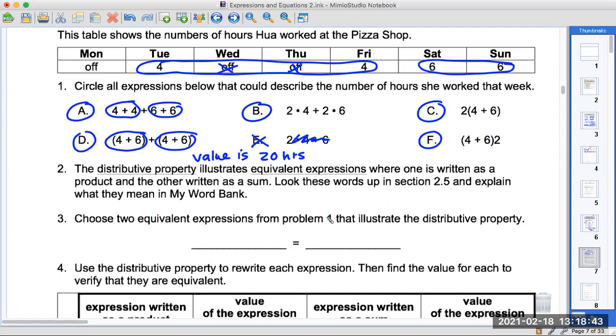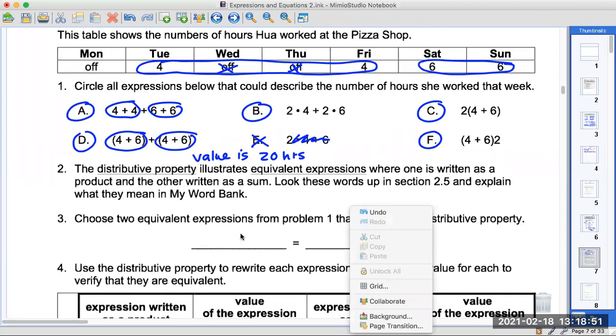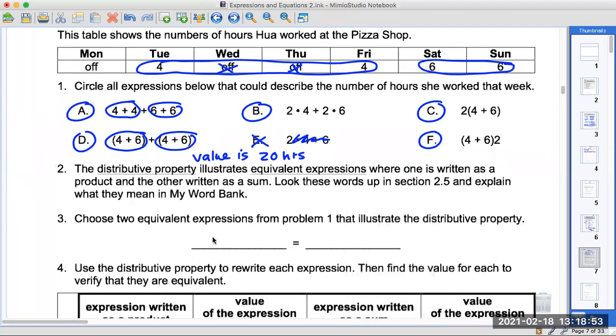Choose two equivalent expressions to illustrate distributive property. Okay, let me see what we got. So I chose 2 times 4 plus 6 is equal to 2 times 4 plus 2 times 6.